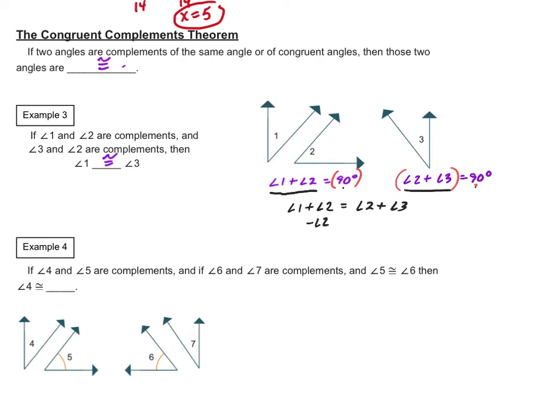I subtract angle 2 from one side because I want to combine like terms. If I subtract it from one side, I must subtract it from the other. There you go, that cancels out. And the only thing that's left is angle 1 is equal to angle 3. If those two angles are equal, then they are congruent. And that is doing it algebraically.